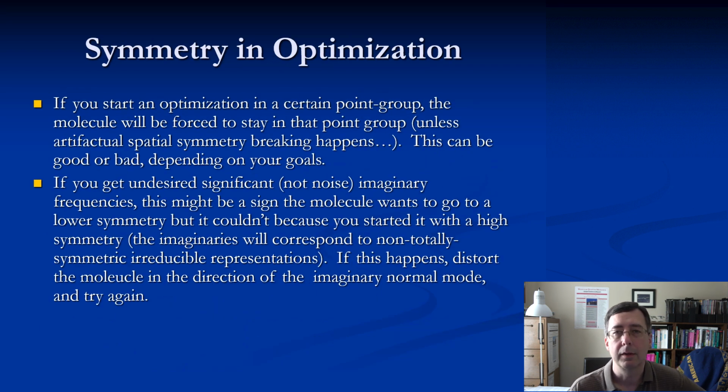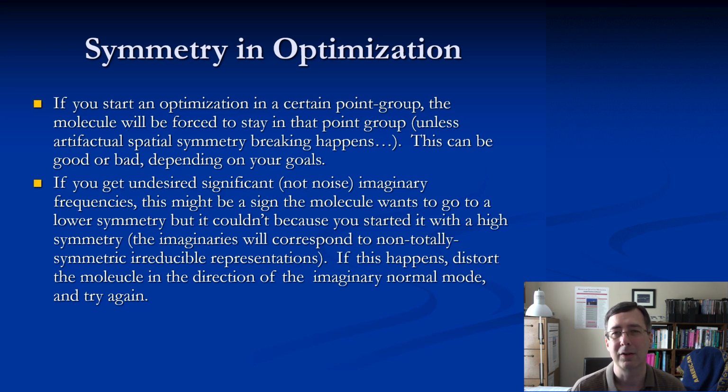Okay, let me say a little bit about symmetry in optimizations. If I start off an optimization with a certain point group symmetry, like water has equal OH bond lengths, and if I start an optimization with that, then I'll find that the optimizer will keep those bond lengths the same. At least that's how it normally works. And that can be good or bad depending on your goals.